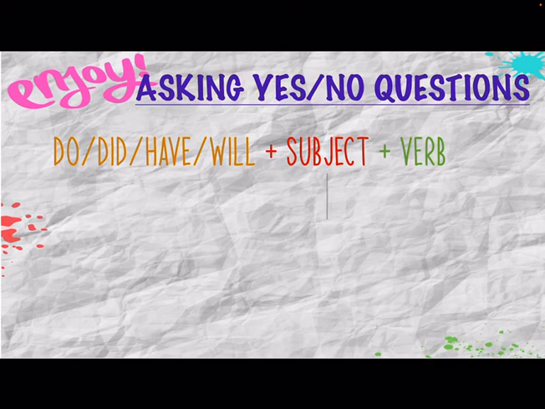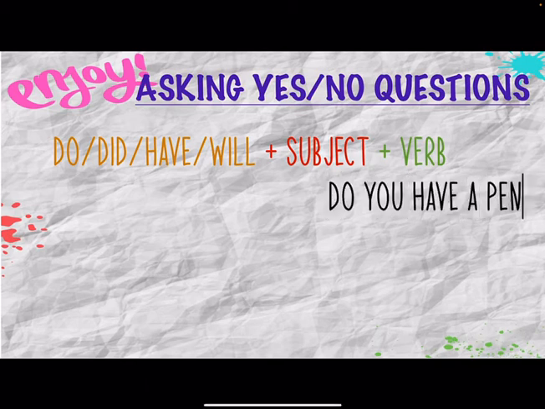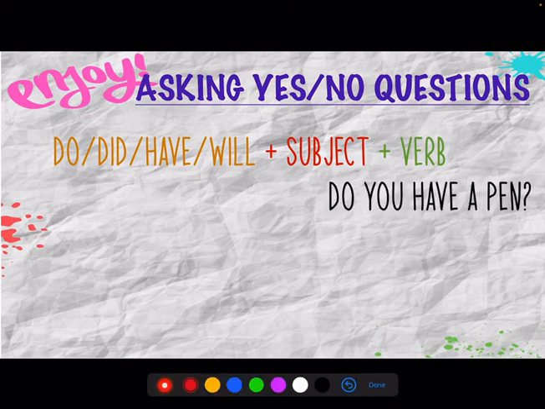Let's take an example. Do you have a pen? So here your answer should be yes, I have, or no, I haven't. So I start with the helping verb do, then I have the subject, then the verb.